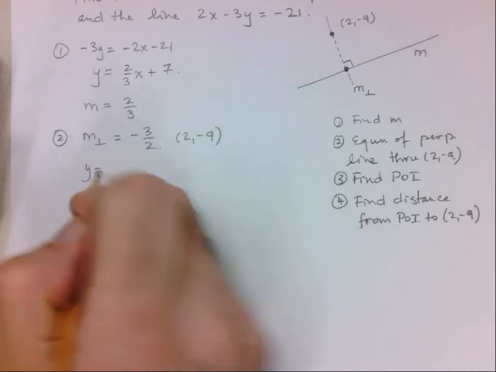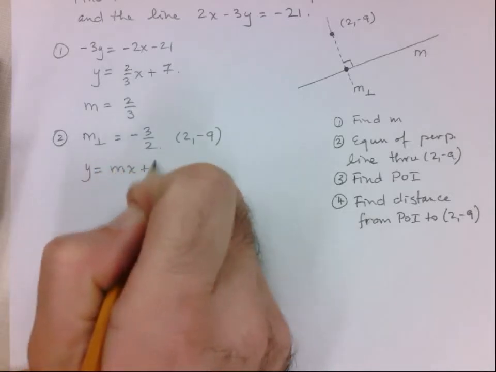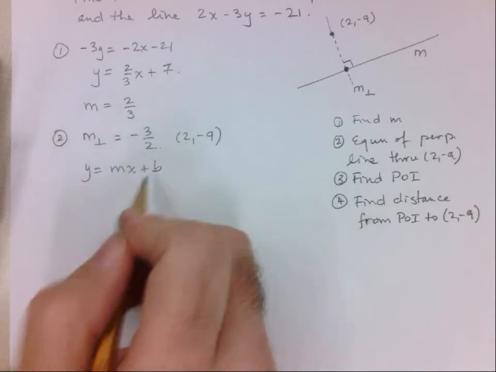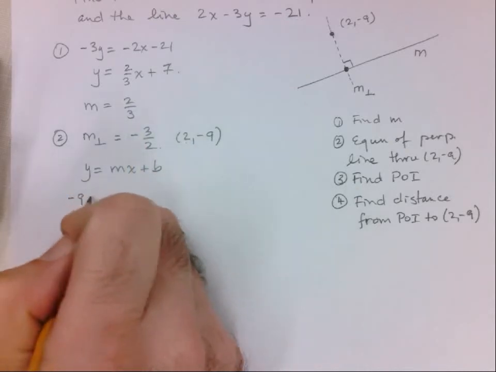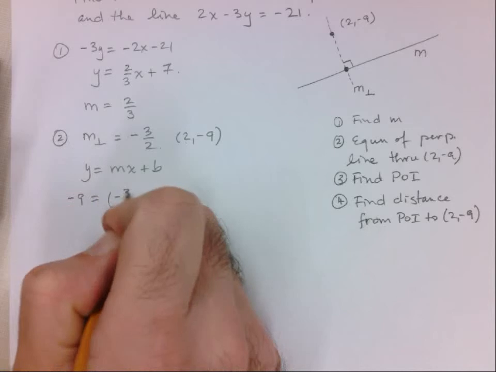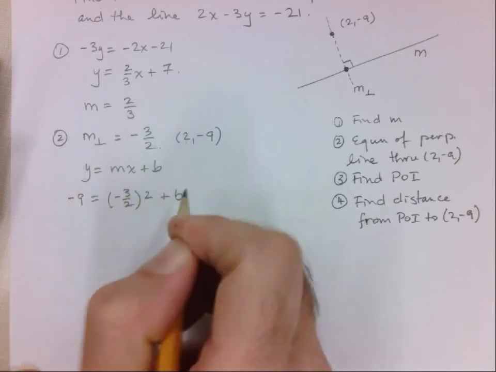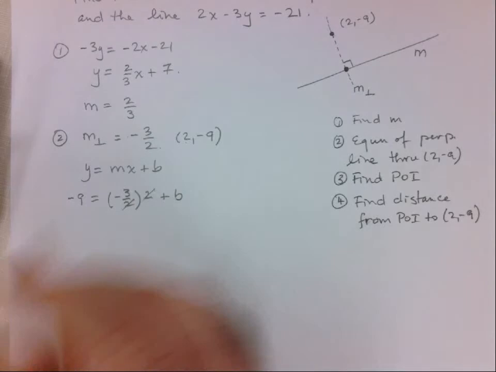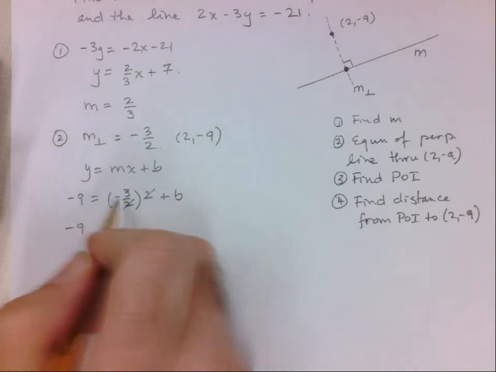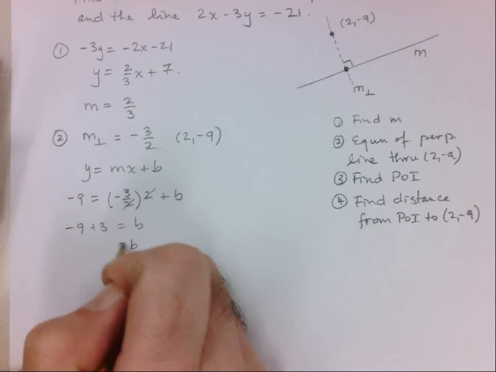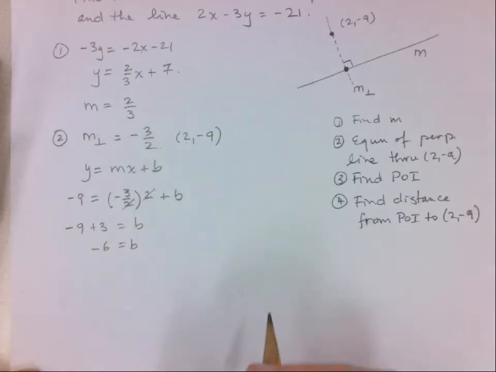So y equals mx plus b. We input our x and y values and our slope to solve for b. Negative 9 is equal to negative 3/2 times our x value, 2, plus b. Here the 2's reduce, so I'm left with negative 9. Bring that negative 3 over, so plus 3 is equal to b. So b is equal to negative 6.